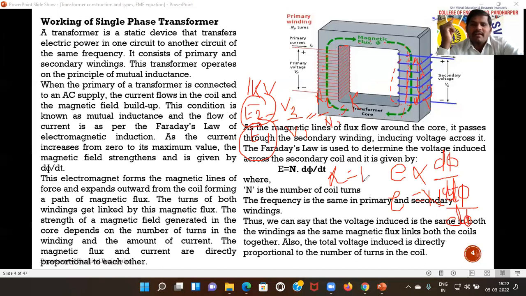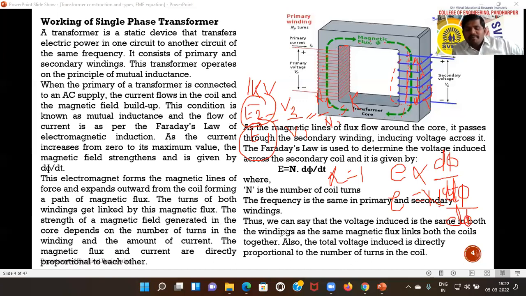That means we can call it a transformation ratio of the transformer remaining 1, or equal kVA rating. kVA rating काय असेल equal असेल. So like that, this is called the transformation ratio. If we assume the flux linked to the coil remains the same, दोन्ही coil ला link होणारा flux same आहे, and if the flux linking to the coil remains the same, the induced EMF in both the coils, that is primary and secondary, will be the same.